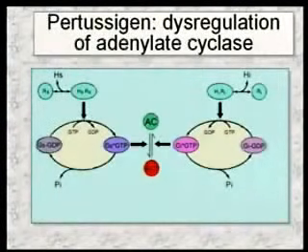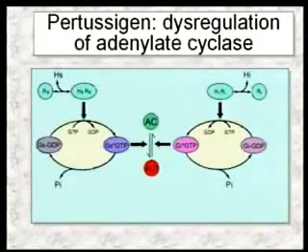And here is a little picture from one of the books, and normally what one has is a good balance between active and inactive adenylate cyclase. Okay, and it's controlled by a positive, stimulatory signal, and an inhibitory signal.